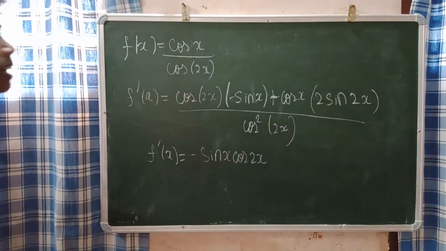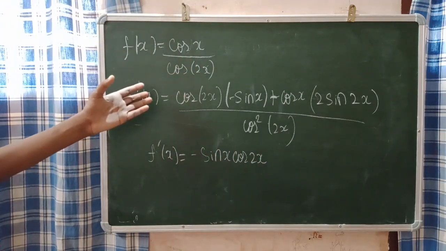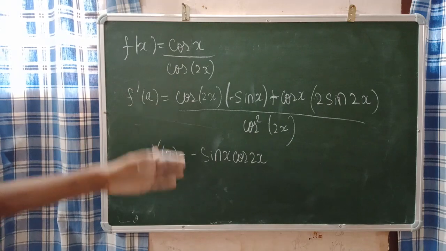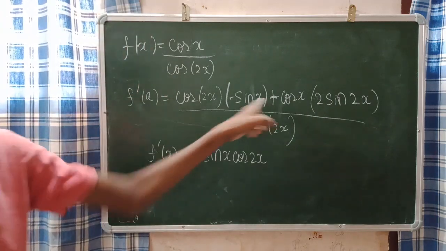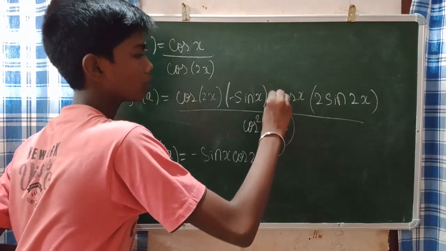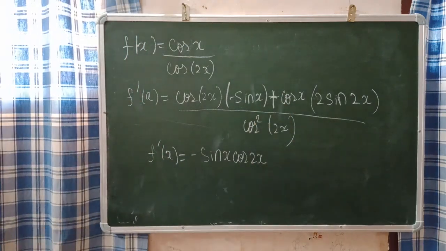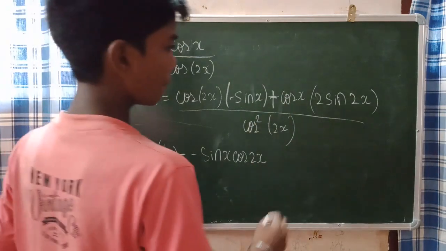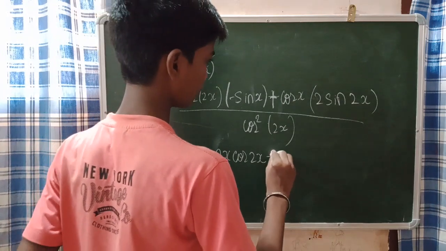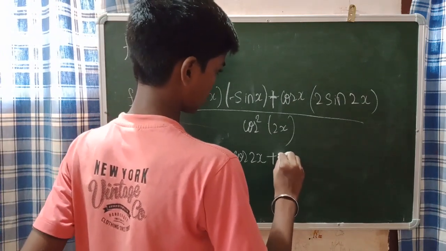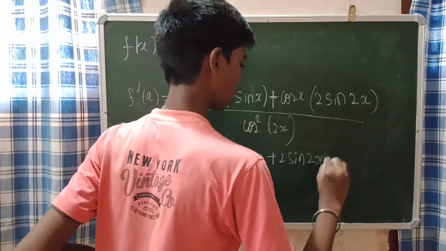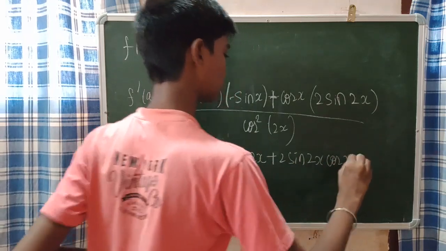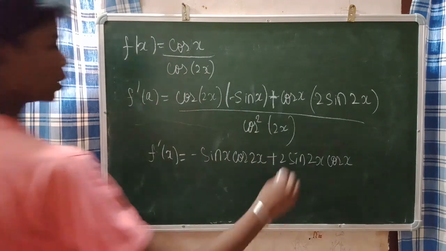Because the derivative of your denominator, that is the derivative of cos 2x, is minus 2 sin 2x. Minus 2 sin 2x into minus is plus. That's what I wrote now. Then plus of 2 sin 2x of cos x. Correct now? This is what I am having now.